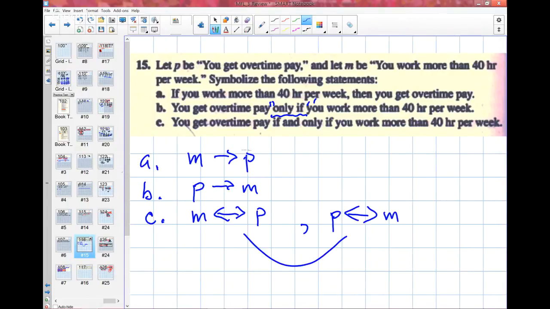Either one of those is correct. So when you see the words if and only if, you got to use that double-sided arrow symbol. And then this B was that tricky one where you had to watch for those words, only if. I think A was pretty straightforward.